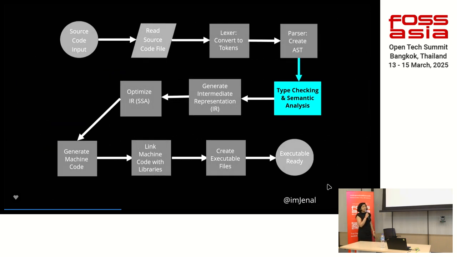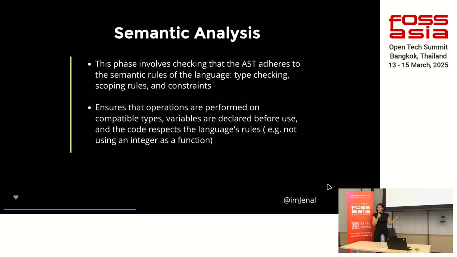Once this phase is over, the next phase is type checking and semantic analysis. In semantic analysis, the input is the AST, and it checks whether your code adheres to the semantic rules of the language.